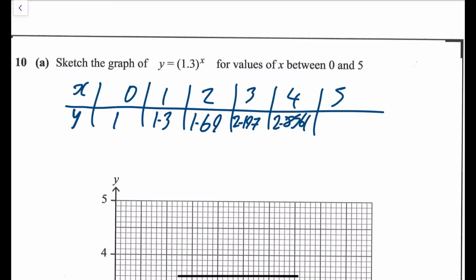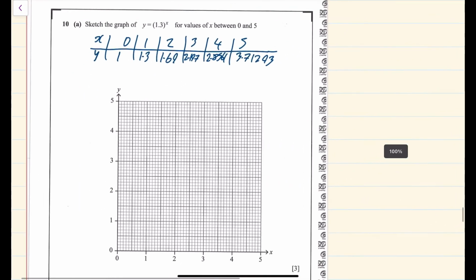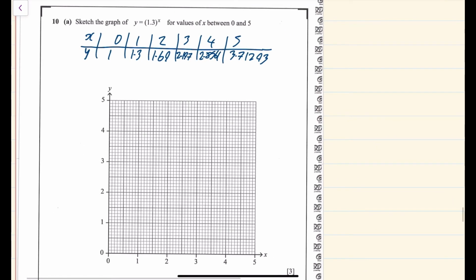And 1.3 to the power of 5 is 3.71293. Now, obviously, you don't need to do your graph just as accurately as the number of decimal places I've gone to here. Let's plot a couple of points here.